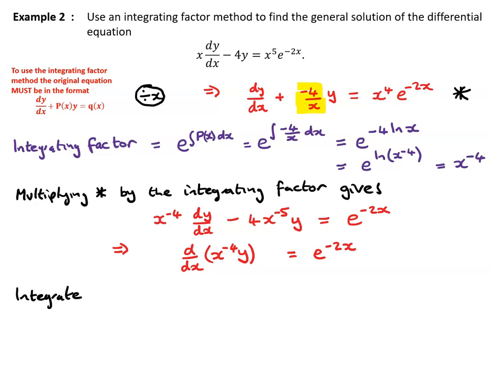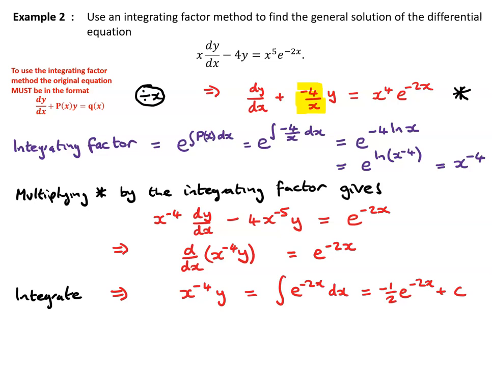Integrating each side is going to give me x to the minus 4 times y is equal to the integral of e to the minus 2x with respect to x. In other words, x to the minus 4 times y must be equal to minus a half e to the minus 2x plus a constant.